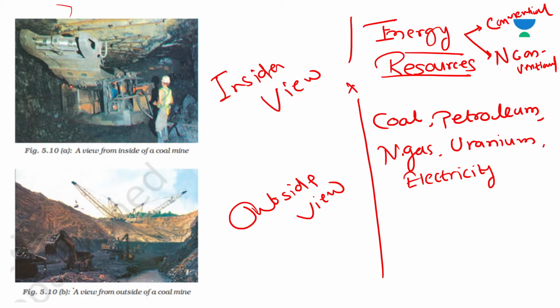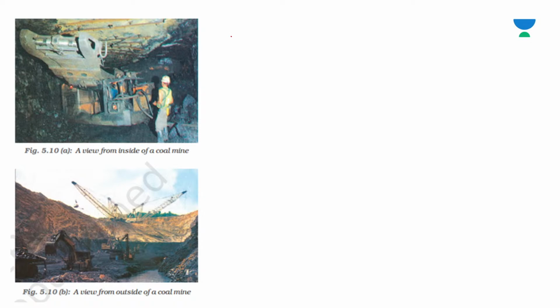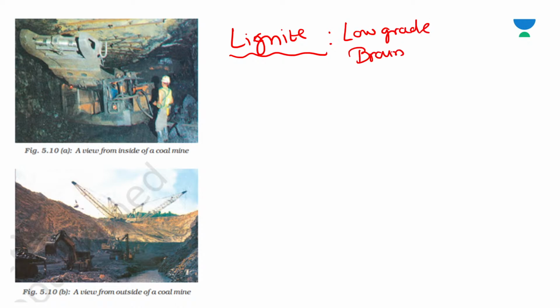So friends, lignite is low grade brown coal, which is soft with high moisture content.